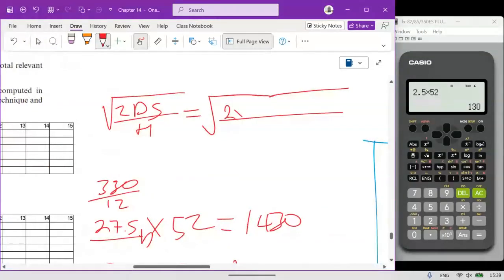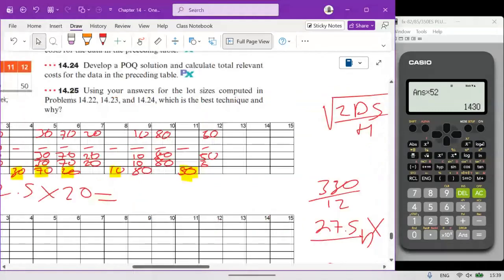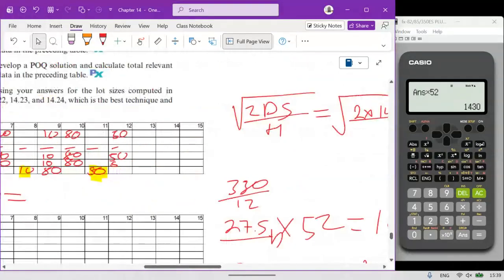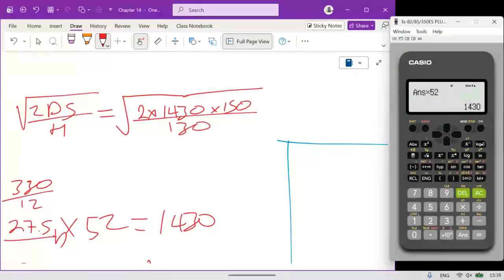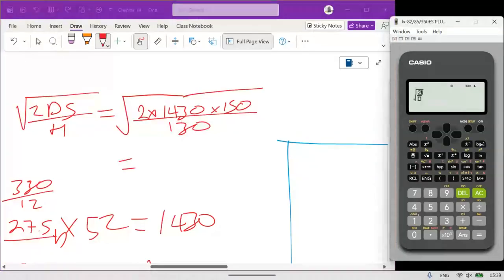What's my setup? My setup is 150. Then my holding cost is 130. Then my EOQ is 2 times 1430 times 150 over 130.